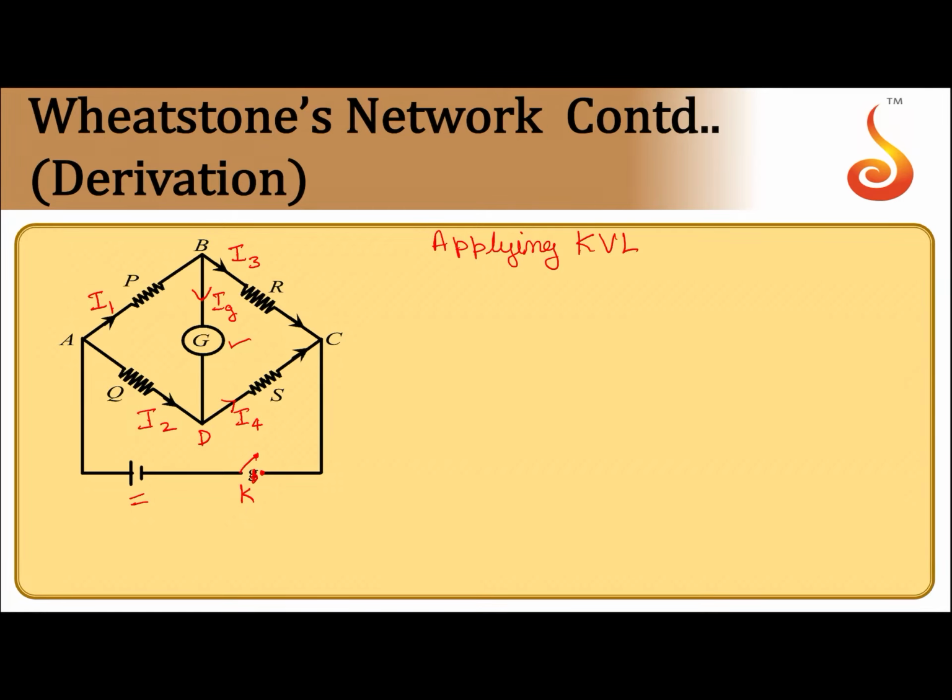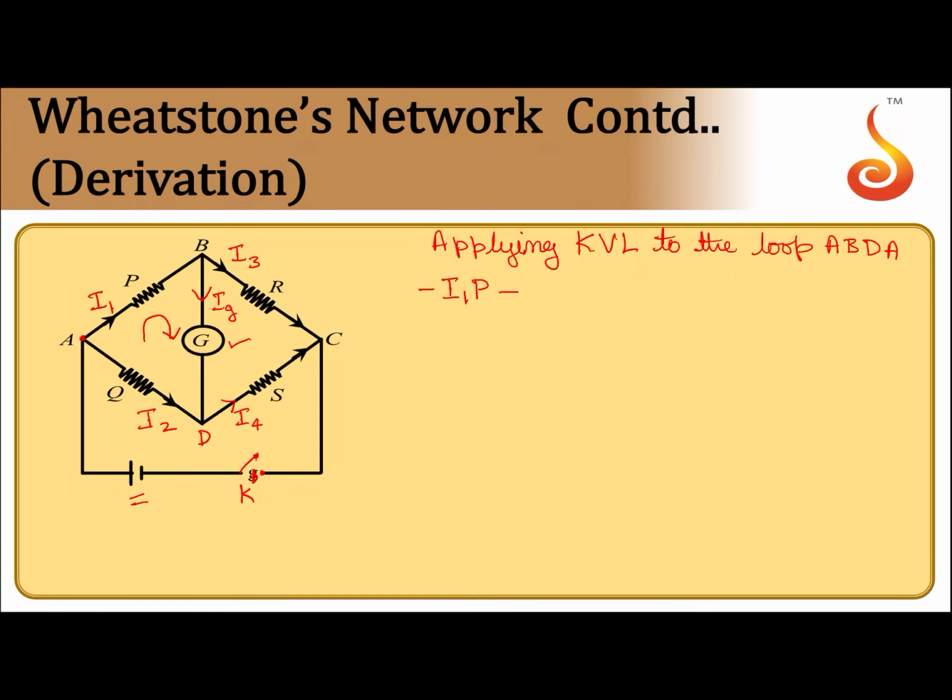Applying KVL to the loop ABDA, let us say this is the direction of traverse. Starting from A to B, there is I1 and P, so it should be I1 into P, and we are traveling in the direction of current, so it should be negative.